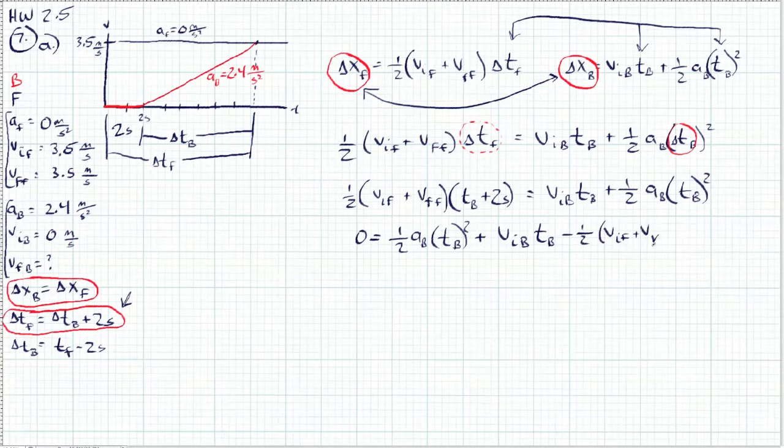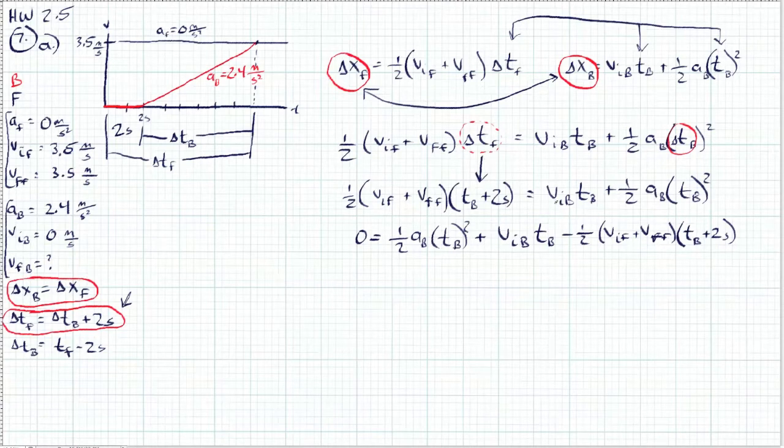Oops, that's supposed to be an F, final velocity of the friend, times the time of the biker plus 2 seconds, or plus 2. And the reason we put the time of the biker here was because we substituted the time of the friend as the time of the biker. This is right here because we're solving for the time of the first bicyclist. So that's why it's plus 2 seconds.